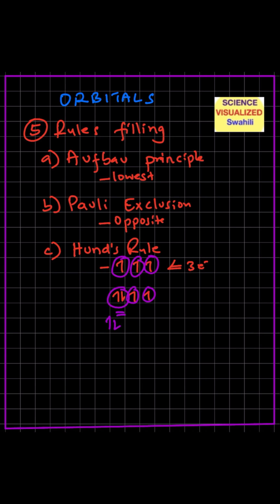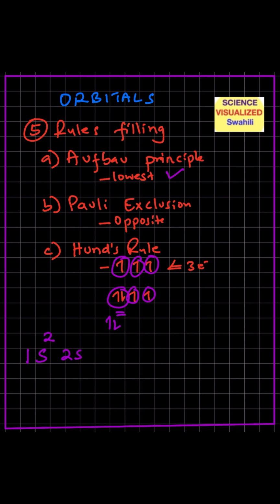Now putting all these rules together, the Aufbau principle says we start with the lowest energy. So 1s is the lowest energy. And then because there's only one s orbital, you have a maximum of 2 electrons. Each orbital has 2 electrons, so you get 1s2. Then you go to the next level, and that's 2s.